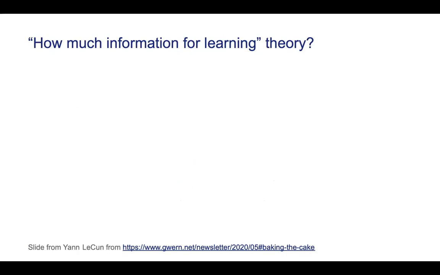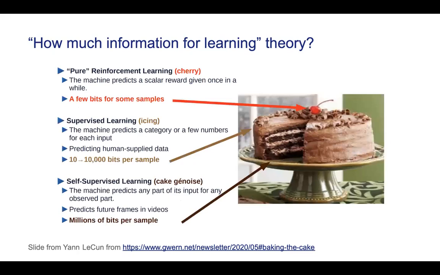This slide and the next one I took from Yann LeCun, and I guess they're a very good intro. He makes a comparison to a cake, where he asks: how much information do we need for learning? If you take pure reinforcement learning, where you have very sparse learning signals, it's the cherry on the top.